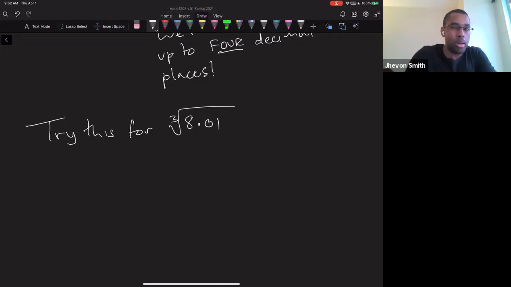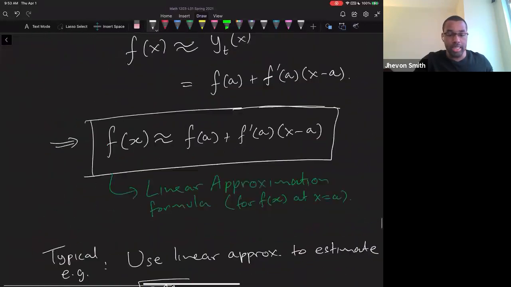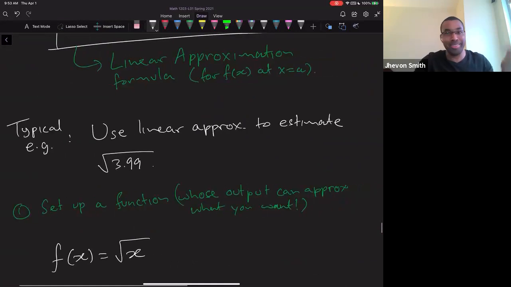And next time, I'll also talk about a nice application of linear approximation. But this is the problem type that you need to know. I'm always going to ask you a problem like this, spoiler alert. Here's some weird number, use linear approximation to estimate it. That's all we can really do in Applied Calc 1. I'm not going to make it any more difficult than that.